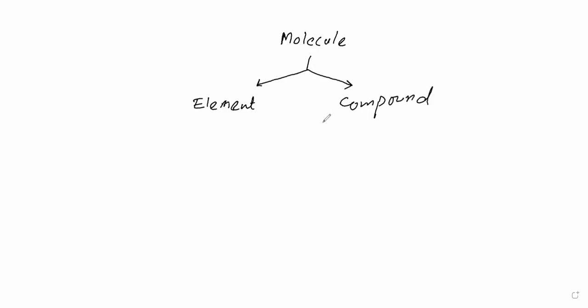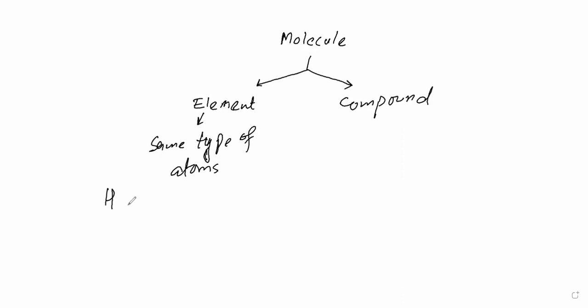When we say element and when we say compound: when a molecule is formed with a combination of the same type of atoms, it is definitely when atoms combine that a molecule is formed, but the atoms are of the same type, so we'll call it an element.